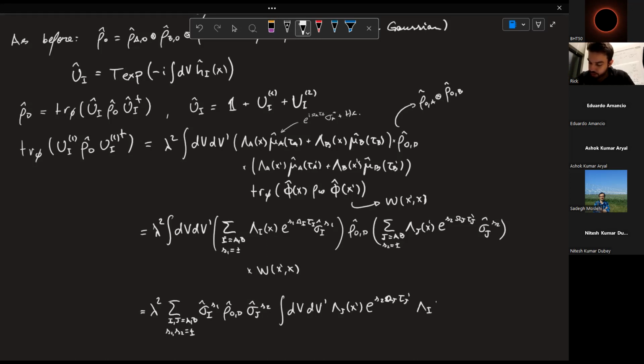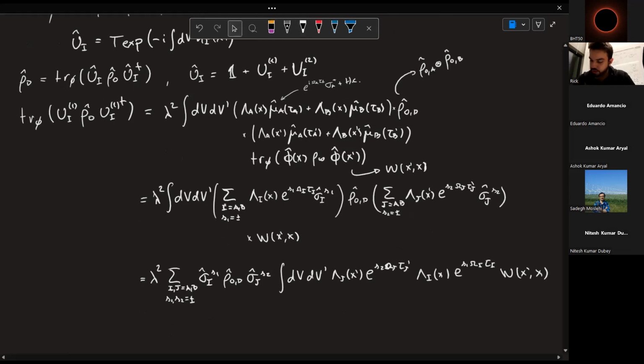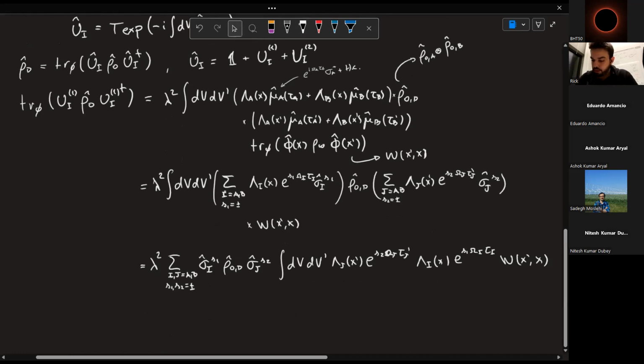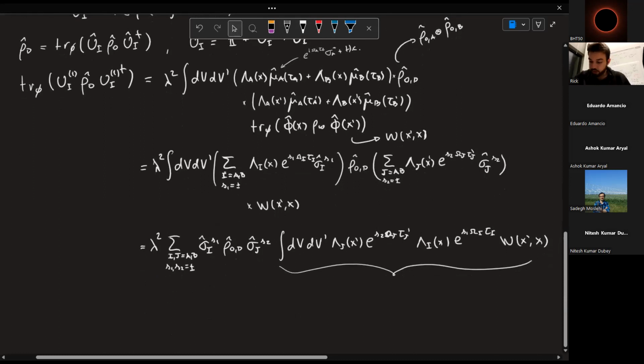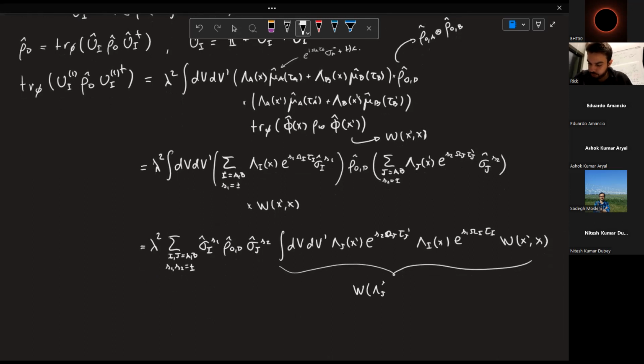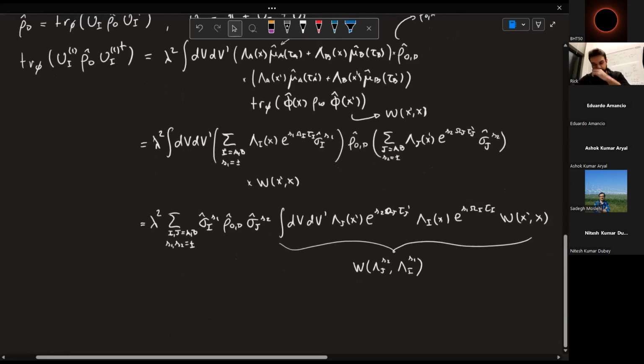Then we're going to have the lambda_I of x e to the s1 omega_I tau_I, W of x prime, x. Sure, it's a big expression, but in the end, all of this is just the Wightman as a bidistribution evaluated at lambda_J^{s2}, lambda_I^{s1}, right?